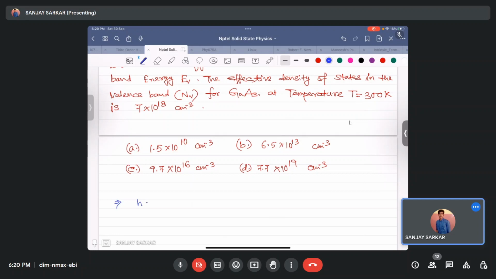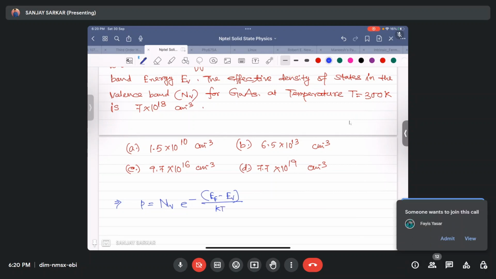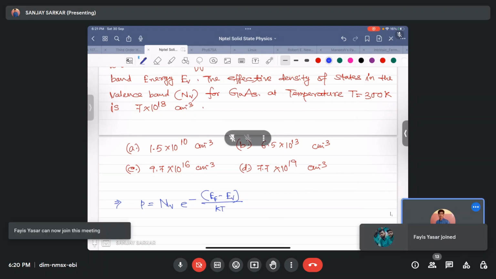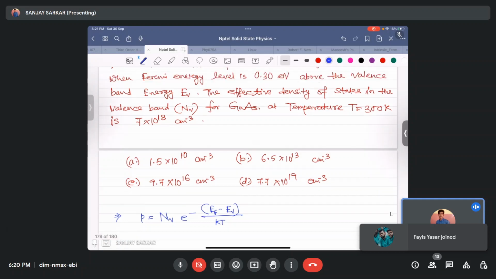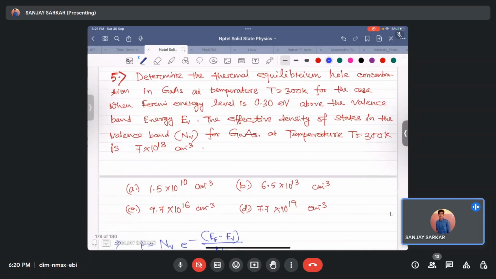So let's write it as p, and p is NV into e to the power minus (EF minus EV) divided by kT. So this is the formula. Use this formula to calculate the thermal equilibrium density of hole for gallium arsenide.